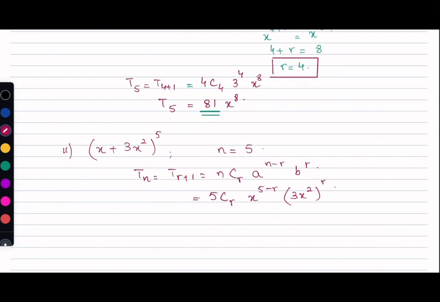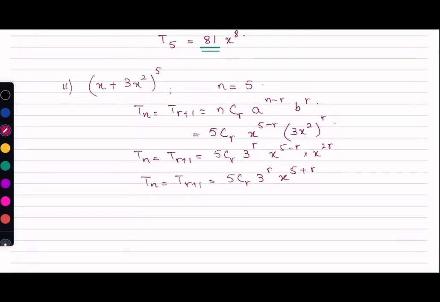Solving it further, the term formula then is going to be 5Cr 3 to the power r x to the power 5 minus r into x to the power 2r. Or solving it further, T(r+1) shall be equal to 5Cr 3 to the power r and x to the power 5 minus r plus 2r. That should just give me a positive r here.